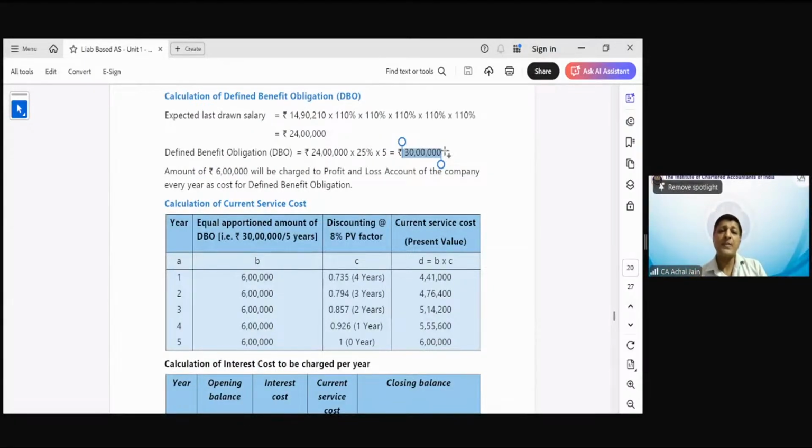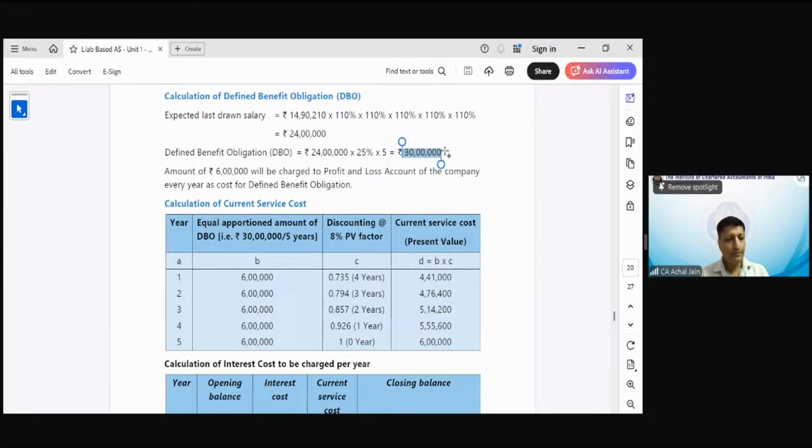So therefore, an expense will have to be recognized in relation to this. Okay. So therefore, each year, what should be the charge that should go to P&L? 6 lakhs. Yeah. So if you equalize this over 5 years, each year a charge of 6 lakhs will go to P&L. Yes or no?